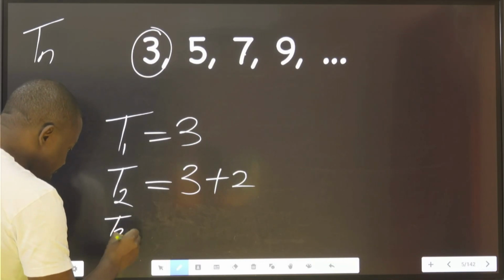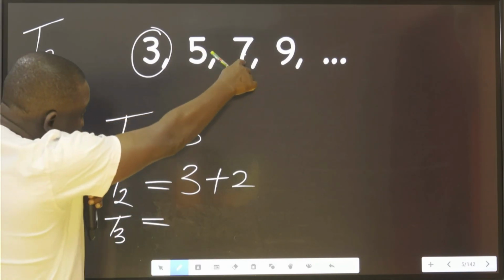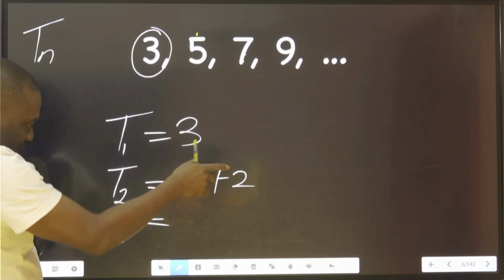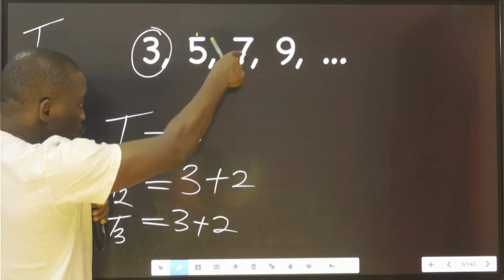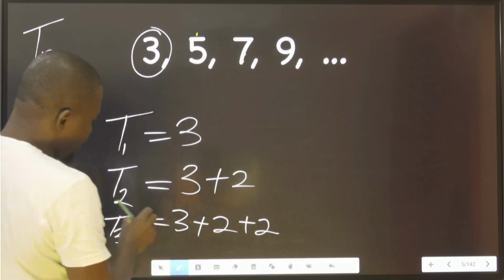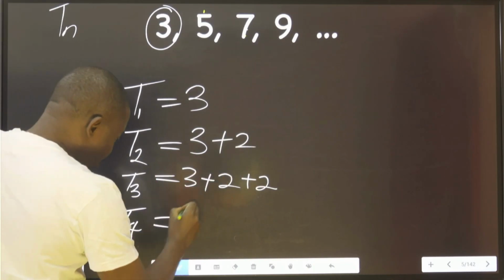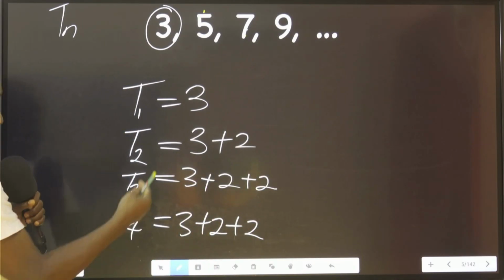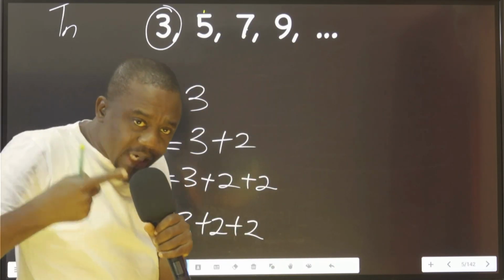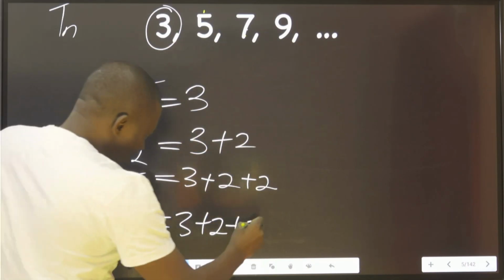For the third one, as you can see, this third one must come from here, which is this. So we have to write this down. What can we add to this to get 7? Another 2. Okay? For the fourth one, we need to write this down before we ask ourselves, what is that thing that we put here to get 9? That is 2.